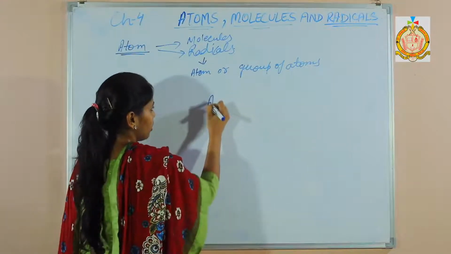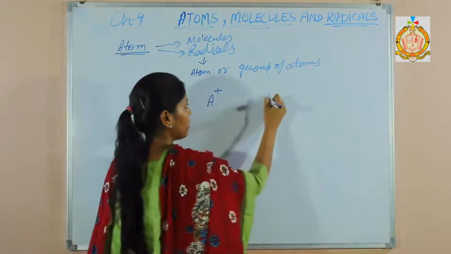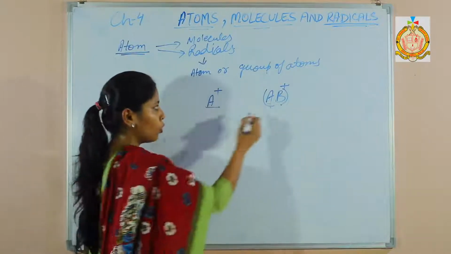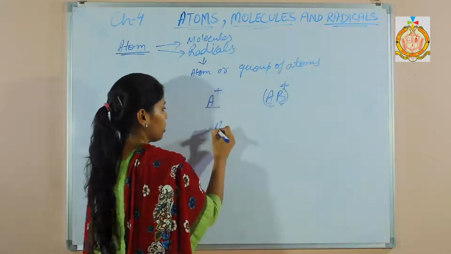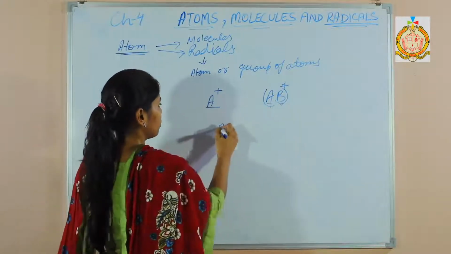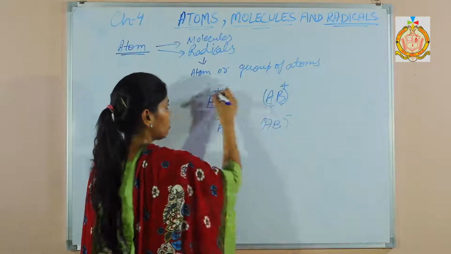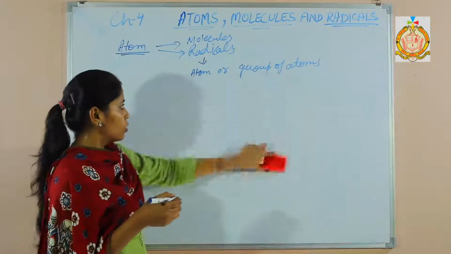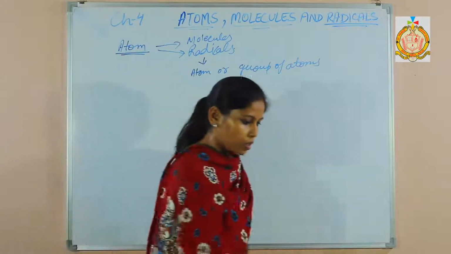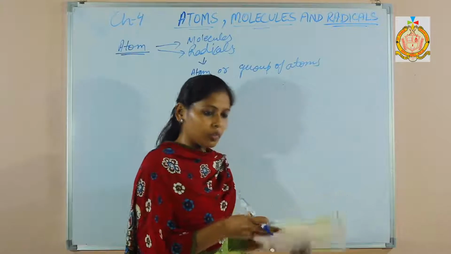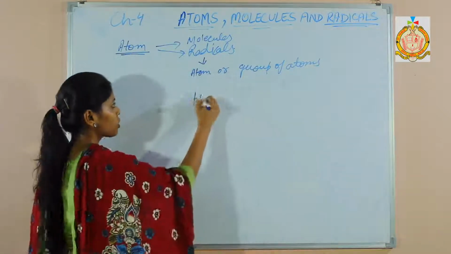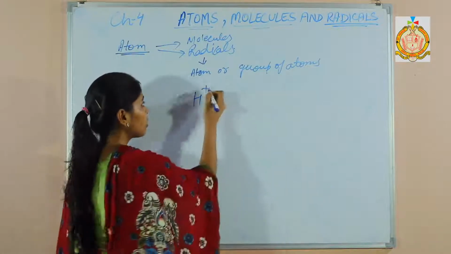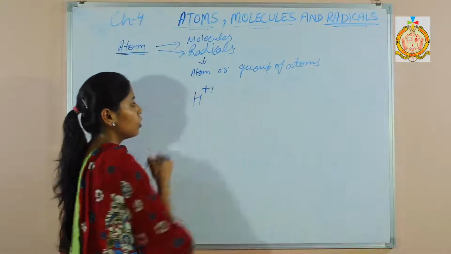For example, A positive and AB positive. It can be one atom or a group of atoms having charge. It can also be negative. When they combine, they form compounds. Various examples of radicals are given, like H positive. Now the valency of a radical is the number of charges.